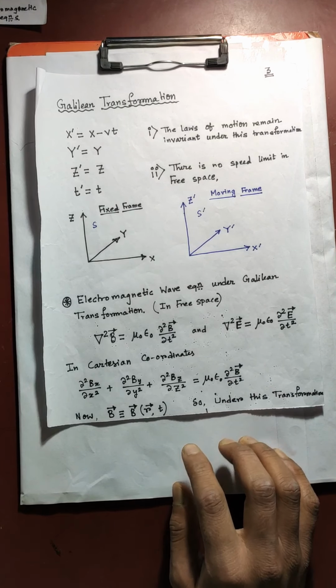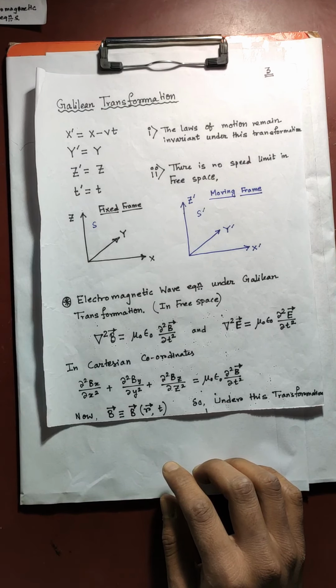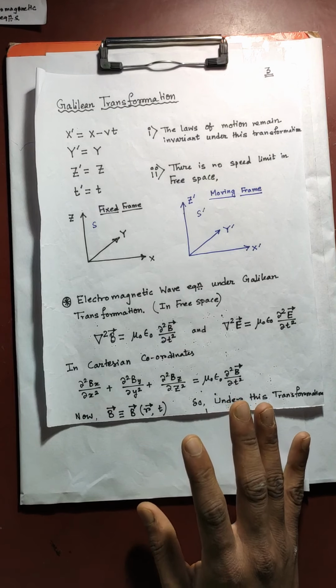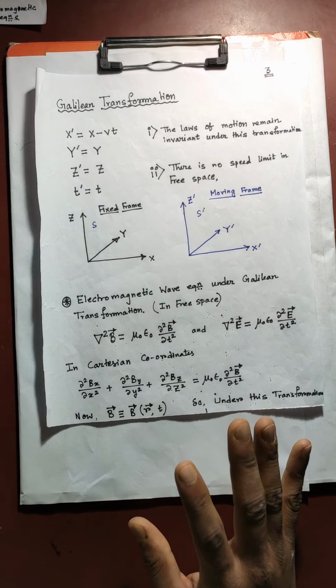Remember one thing, B is a function of space and time both. It is not a function of space only or time only. It is a function of both. Not only B, it is also true for E.